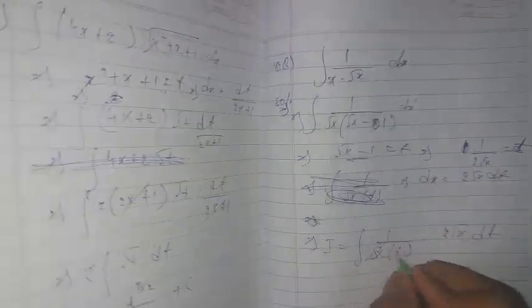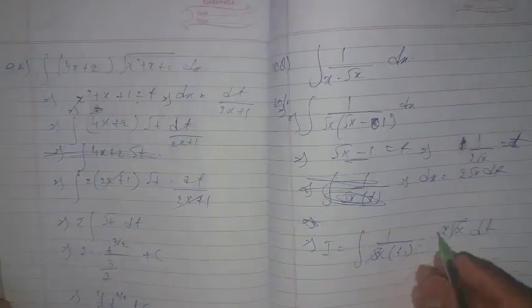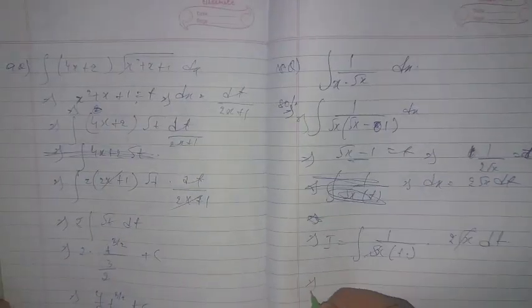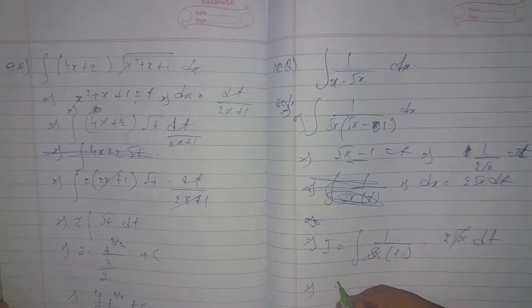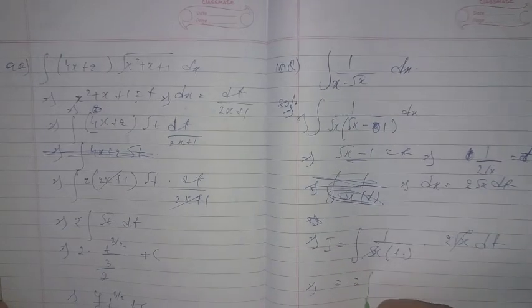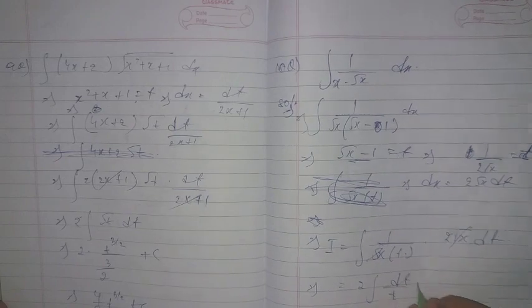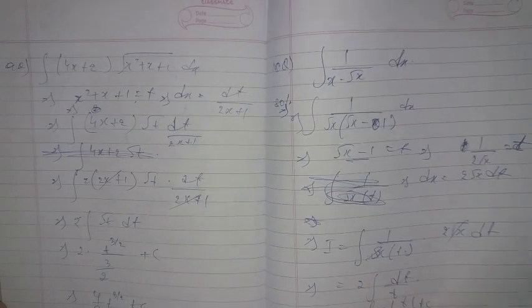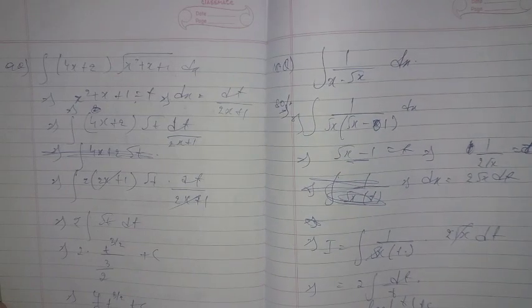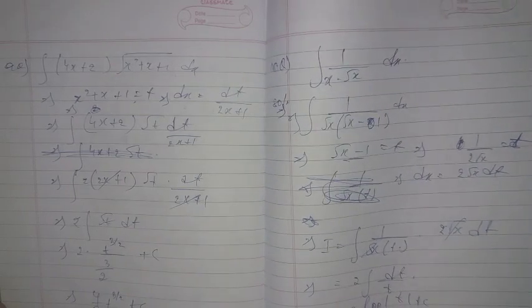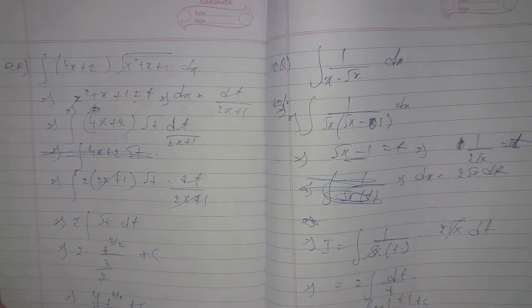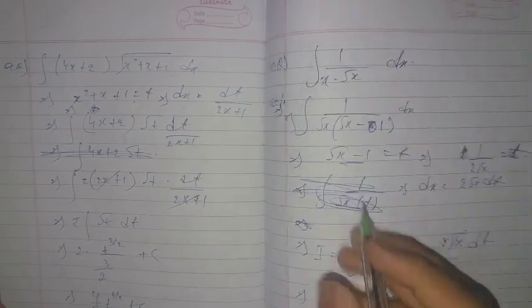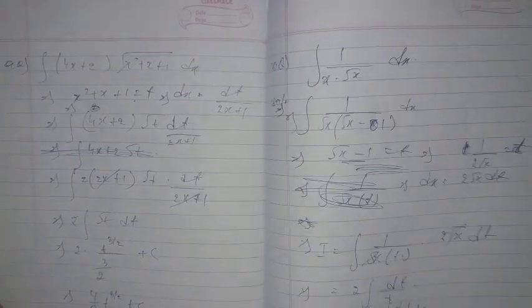So root x cancels out, and 2 will come outside because it is a constant. So 2 integration dt by t, that's it. 2 log mod t plus c. So here is the answer, guys: 2 log mod, what is t? Root x minus 1, plus c. Here is the t.